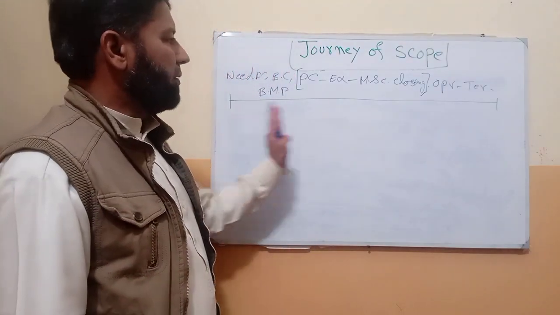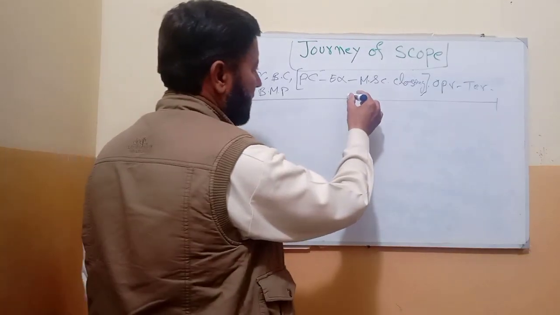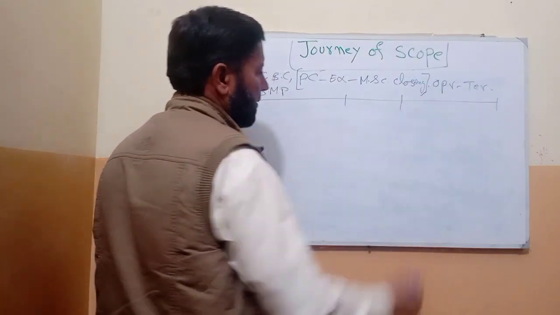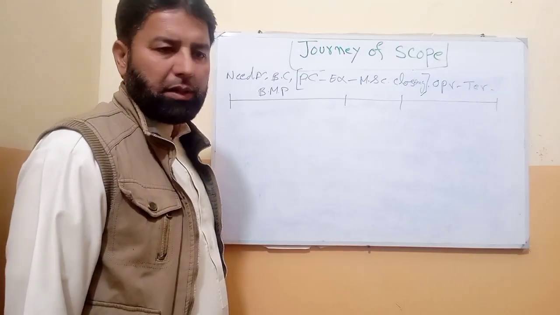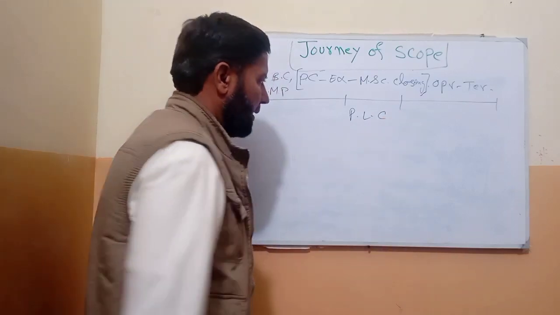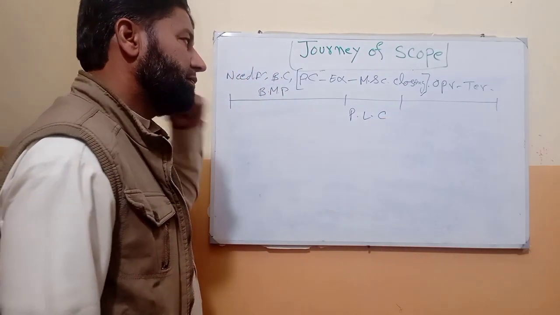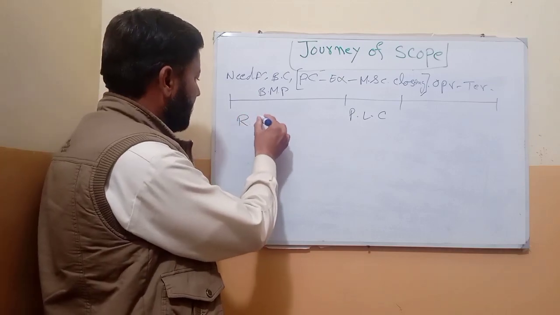Product life cycle is a very big thing, and project life cycle is small. That is a subdivision of the product. This is the project life cycle. Then the requirement management plan.